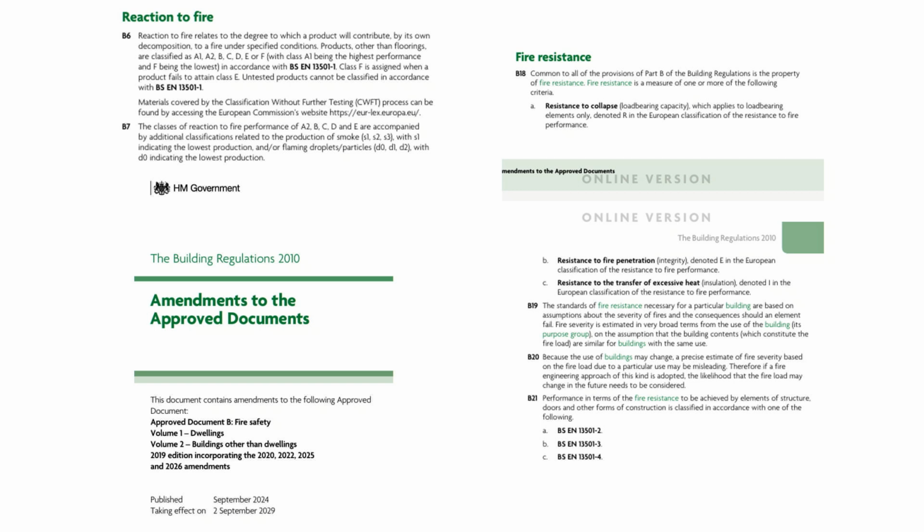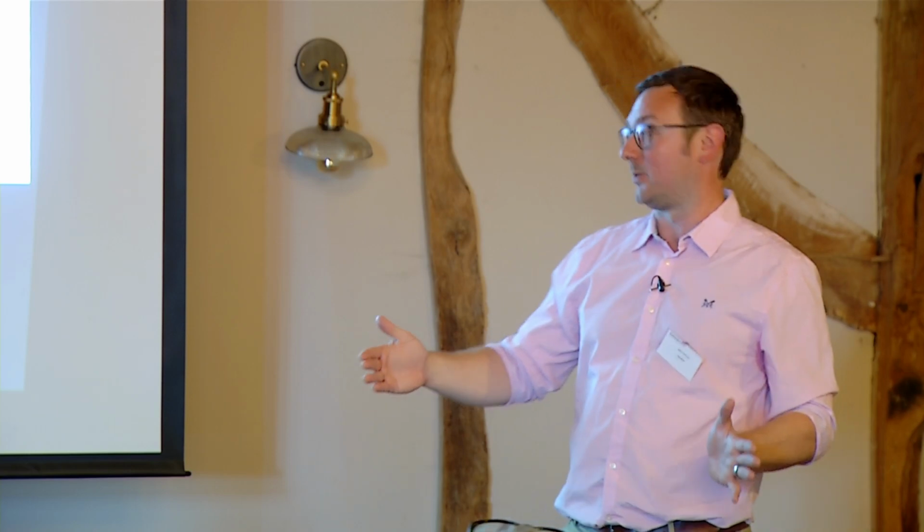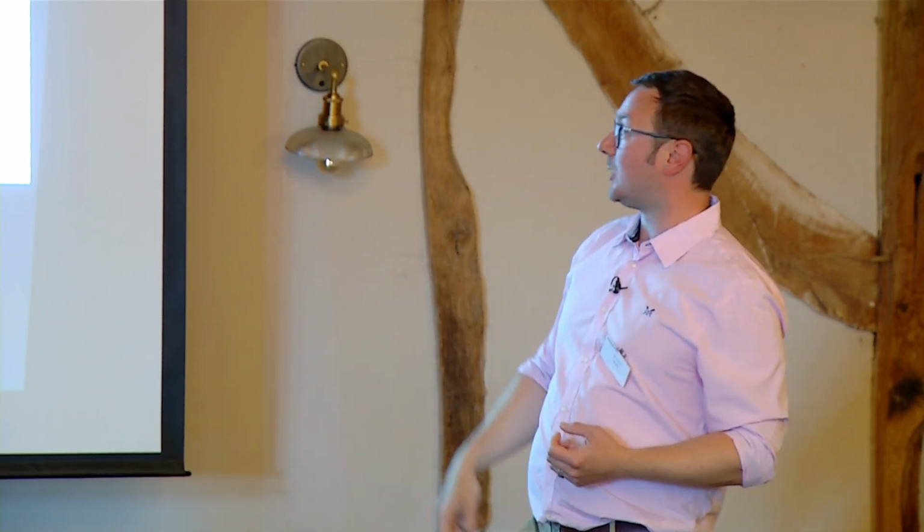Because BS 476 part 22 is integral and widespread and consistent across industry in terms of a testing method to confirm the fire resistance of a material. And because we're moving away from that, as a result of Grenfell Tower Phase 2, where it was highly criticised as not fit for purpose, we are now going to a European standard, which is BS EN 13501.